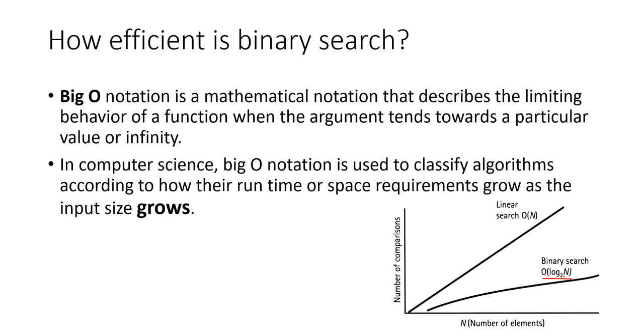Log to the base 2 of n will give us the number of comparisons as the number of elements increases. Just like in the linear search, if we had 10 items, it would take 10 comparisons. If we do log to the base 2 of 10, I'll get the calculator over here.